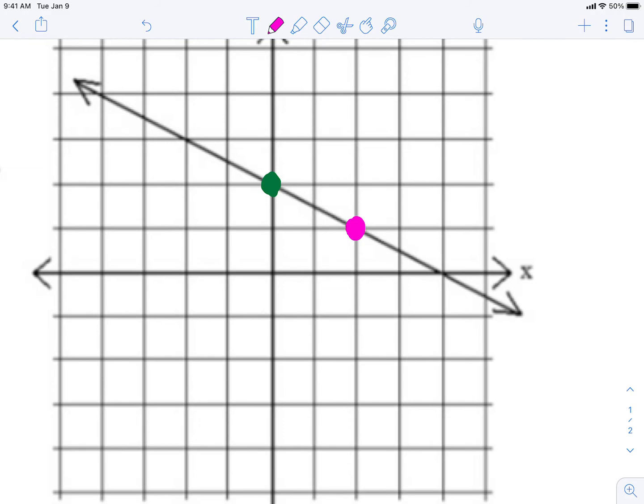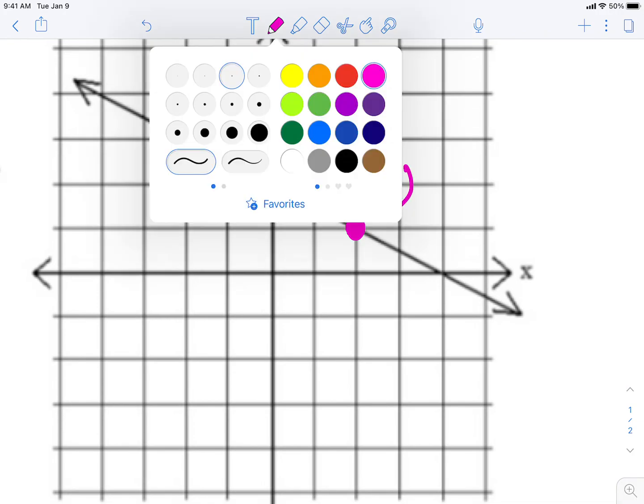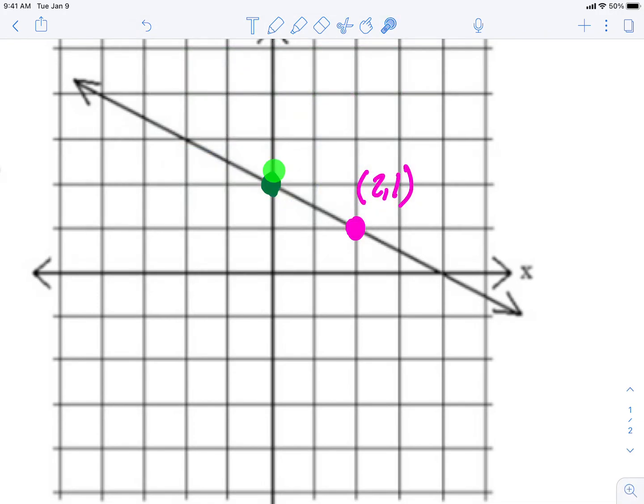This point was 1, 2, and up 1, so this is 2, 1. And this point here is 0, 2.